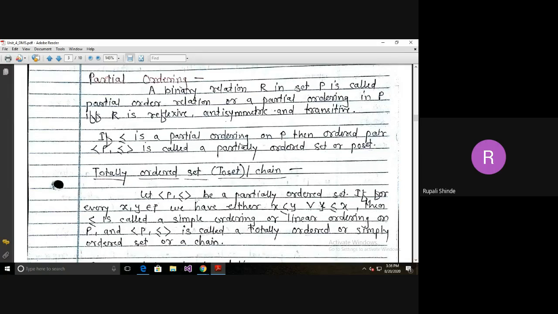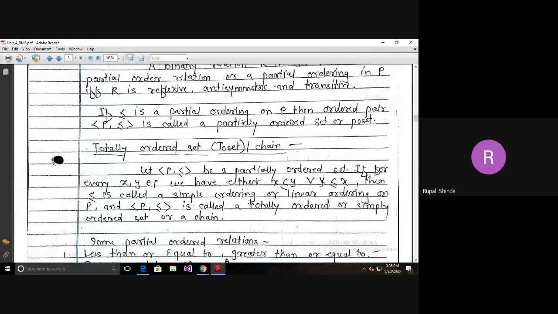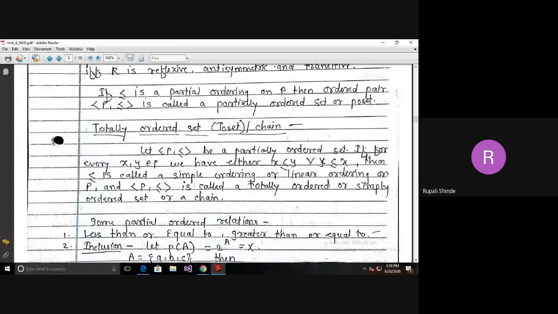Now the next concept is toset, that is totally ordered set. So TO is for totally ordered. Again this is applied on a set, that's why this is called a toset or chain. Okay. So now we will see the meaning of poset and toset. Let P be a partially ordered set.